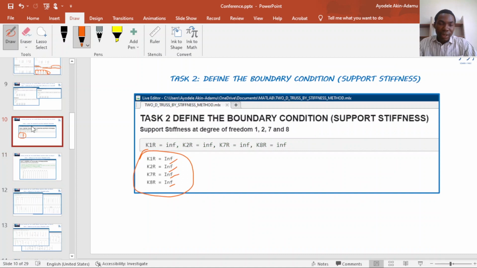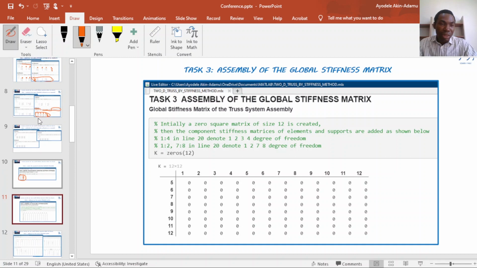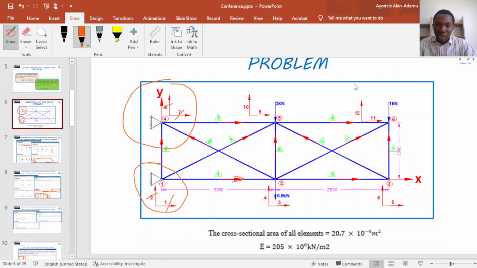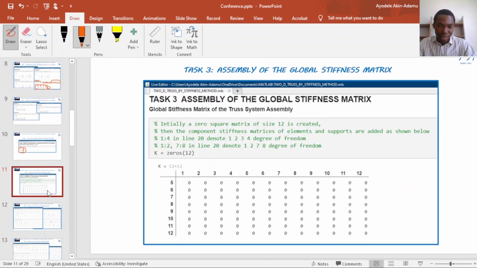So once we've defined the large stiffness for our support degrees of freedom, we now need to compute our stiffness matrix for the truss element. Like the one-dimensional problem, the first thing we do is create a base matrix, a zero base matrix. In our truss problem, because we have 12 degrees of freedom, from 1 to 12, our zero matrix will be a 12 by 12 matrix.